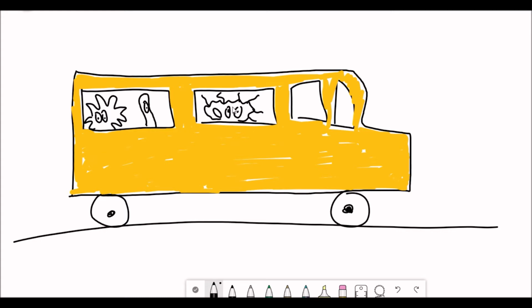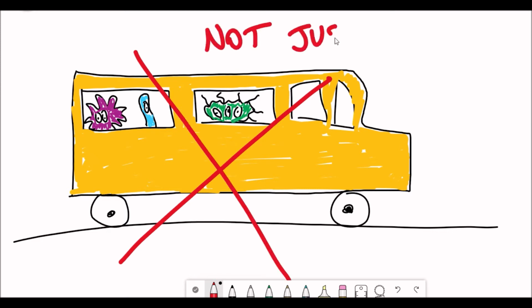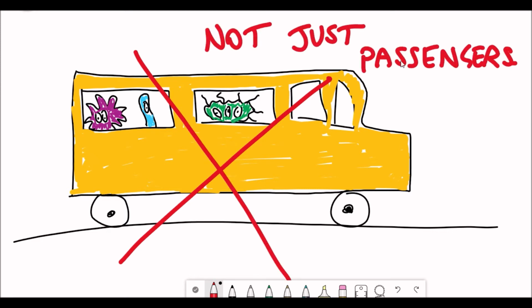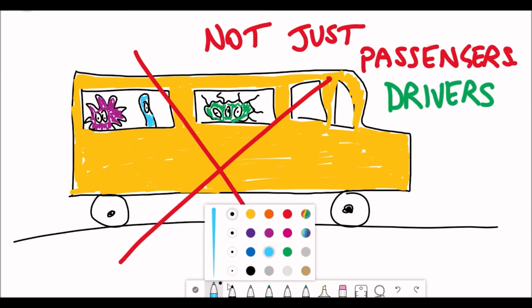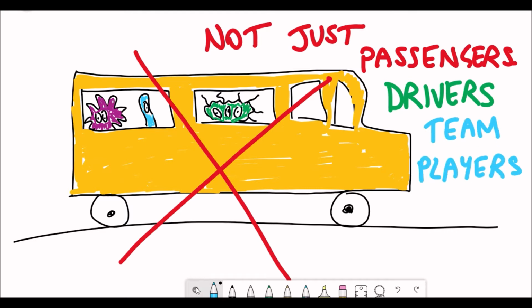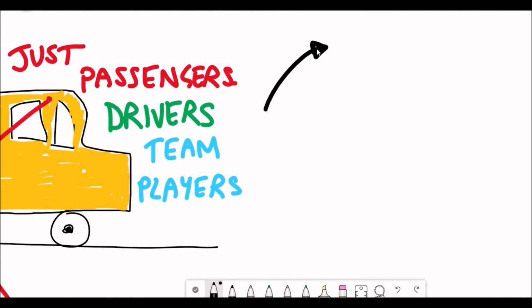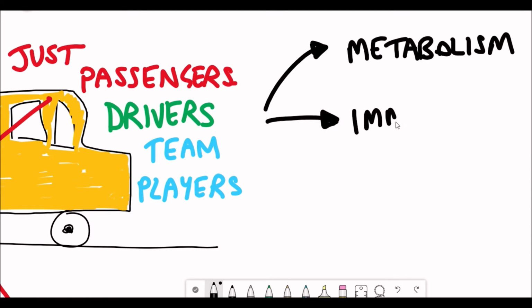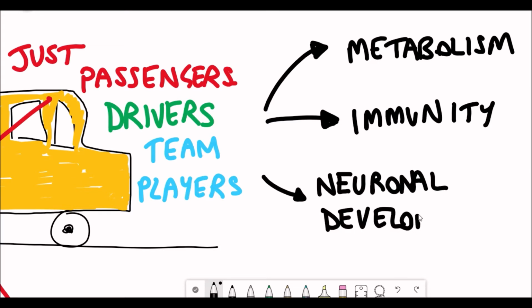And so these microbes then, they're not just passengers within the body. They also play active roles in a variety of different processes and are actually more like team players within our bodies. And so there's evidence now that links the microbiome to metabolism, also to immunity, and there's also some evidence about it related to neuronal development as well.